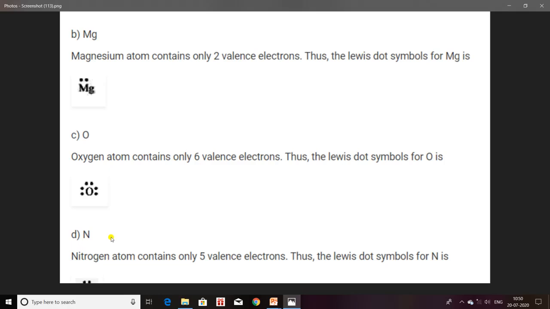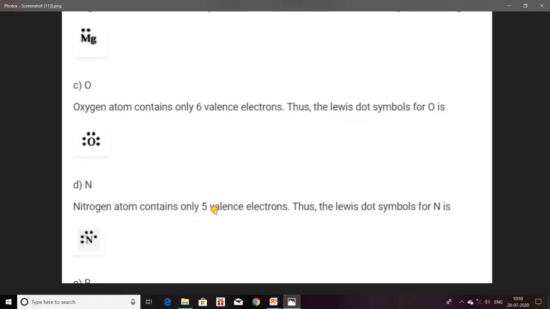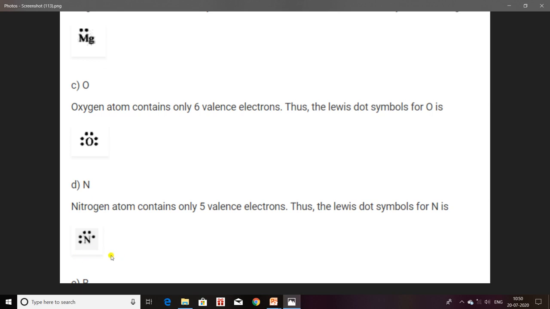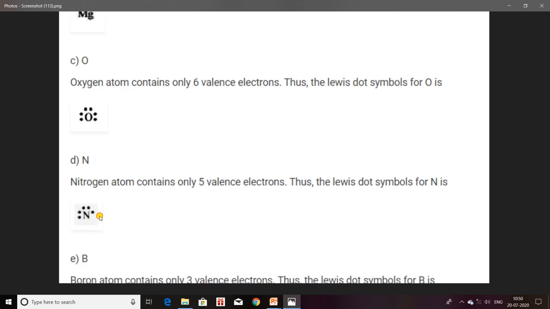Atomic number of nitrogen is 7. Electronic configuration is 1s2, 2s2, 2p3. Valence electrons are 5 because we have to count electrons of 2s orbital and 2p orbital. 2 plus 3, 5. So this is how you will represent Lewis dot structure of nitrogen.